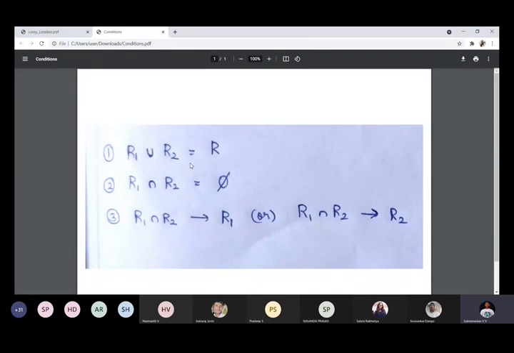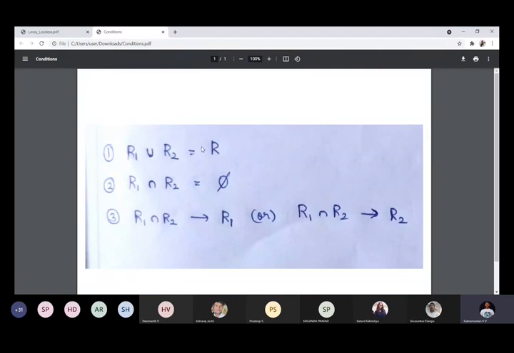Basically, the intersection should not be null. The third: the intersection should give back the super key of either R1 or R2. If it fails to satisfy any of the conditions, the decomposition will be lossy.